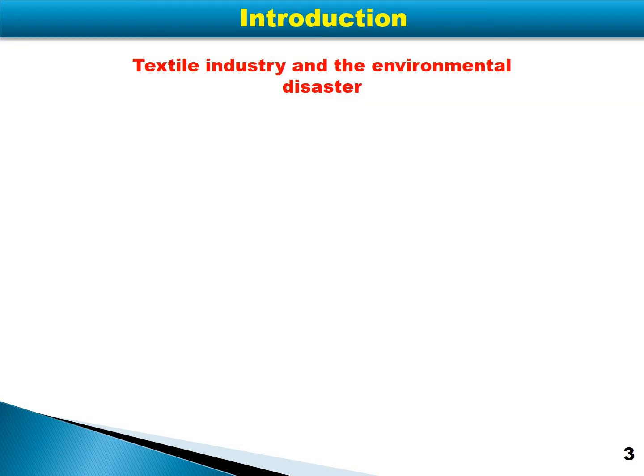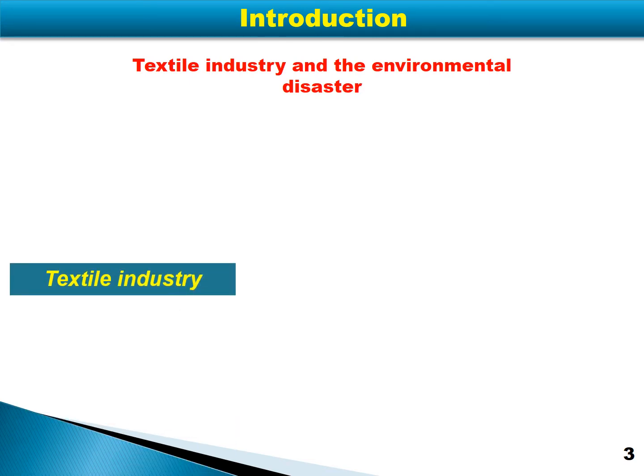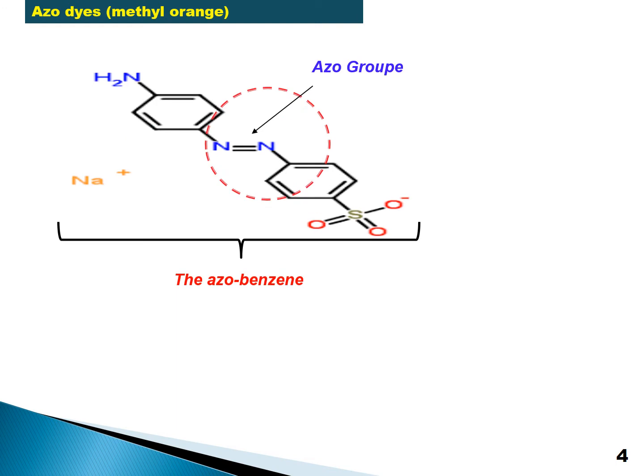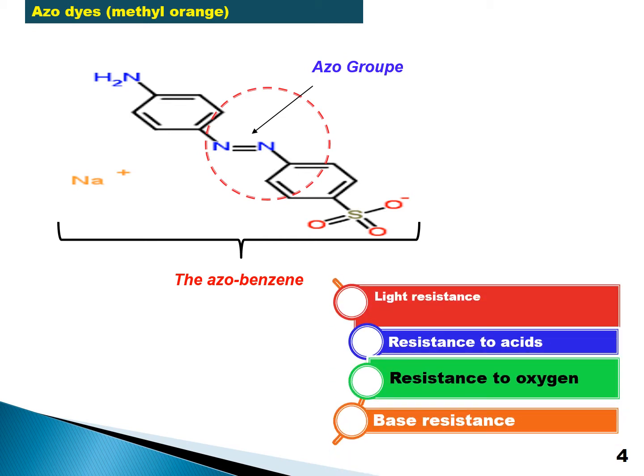The textile industry has a strong impact on environmental pollution through its rejects, which are strongly contaminated by azo dyes. The azo dye is composed of two benzene cycles joined by an azo group, forming azobenzene, and methyl orange is a model of these dyes.